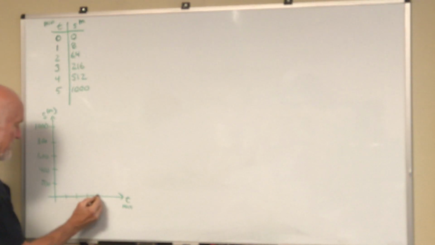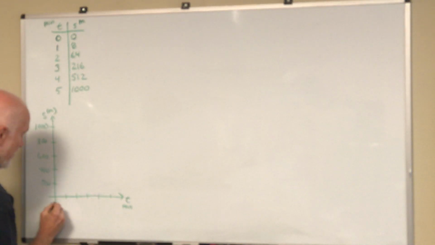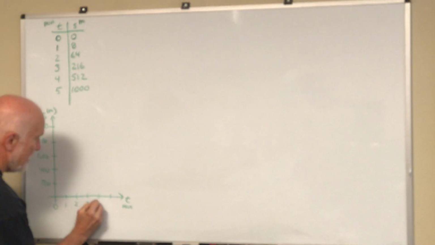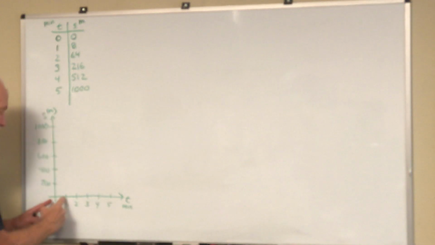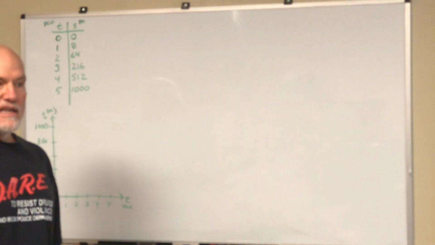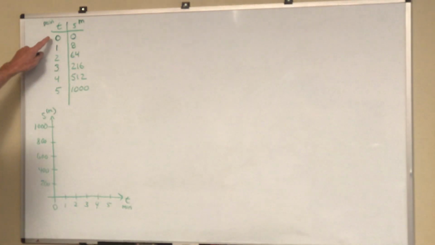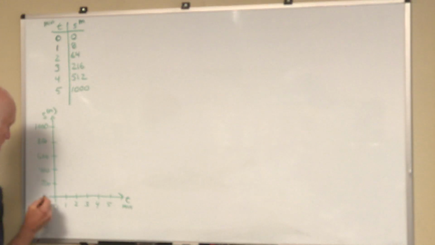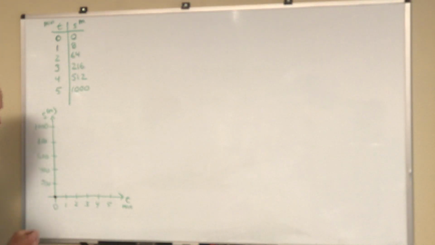And time went for 5 minutes. So this was the first minute, second minute, etc. And she then, every time there was a data point, she would plot it: 0, 0.